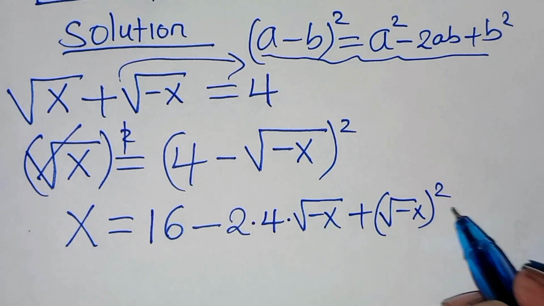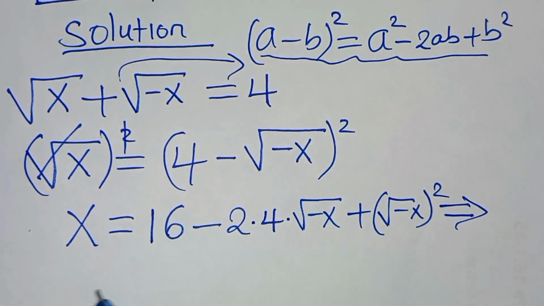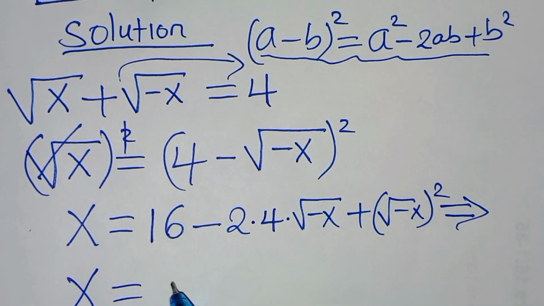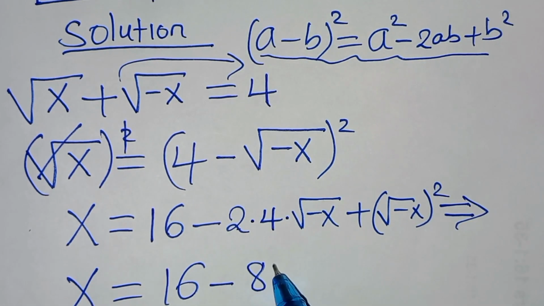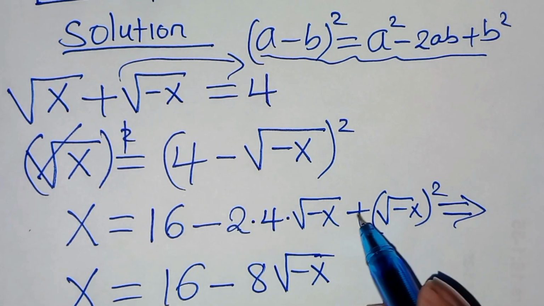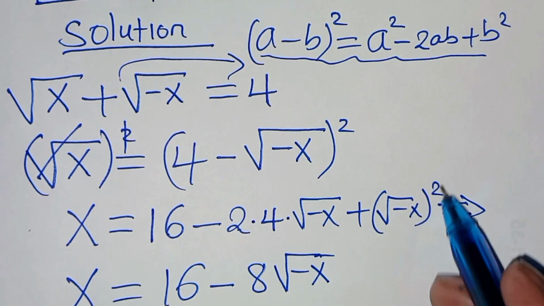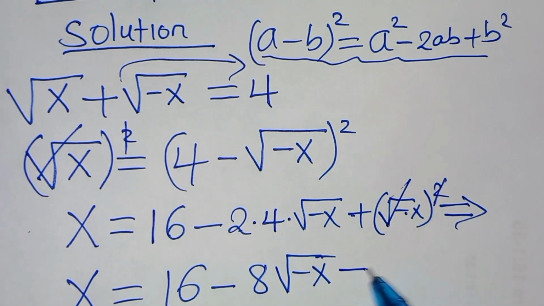Now we'll have x equal to 16 minus 2 times 4, this is 8, square root of minus x. Then the square root of minus x squared, we eliminate the square root sign, so plus minus x.